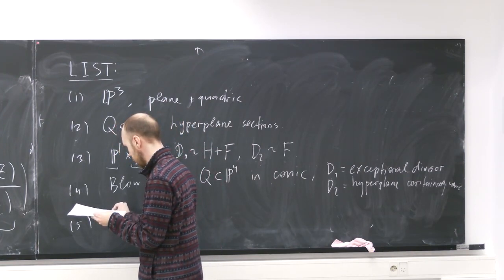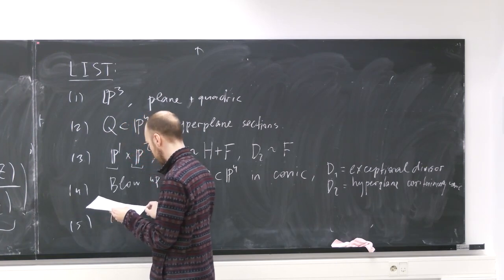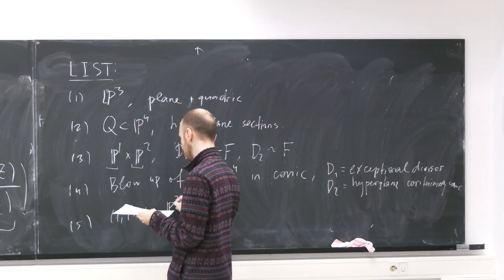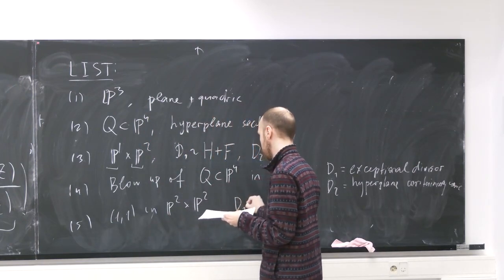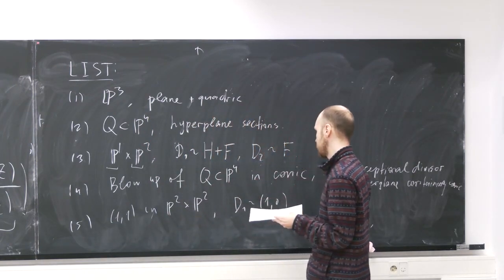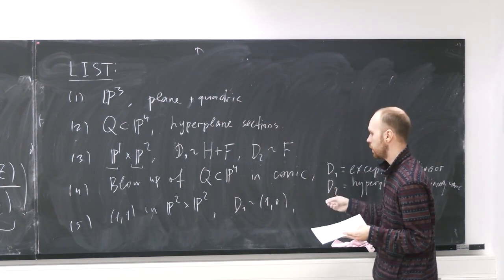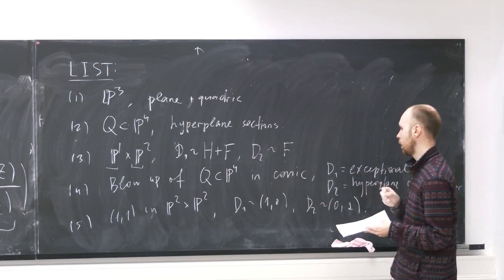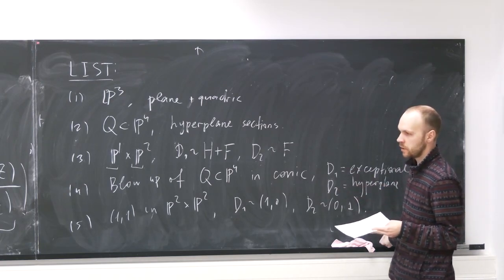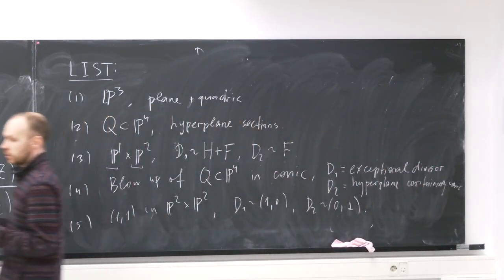And finally, we have a divisor of bidegree (1,1) in P2 cross P2, and D1 is a divisor of bidegree (1,0), D2 is a divisor of bidegree (0,1).